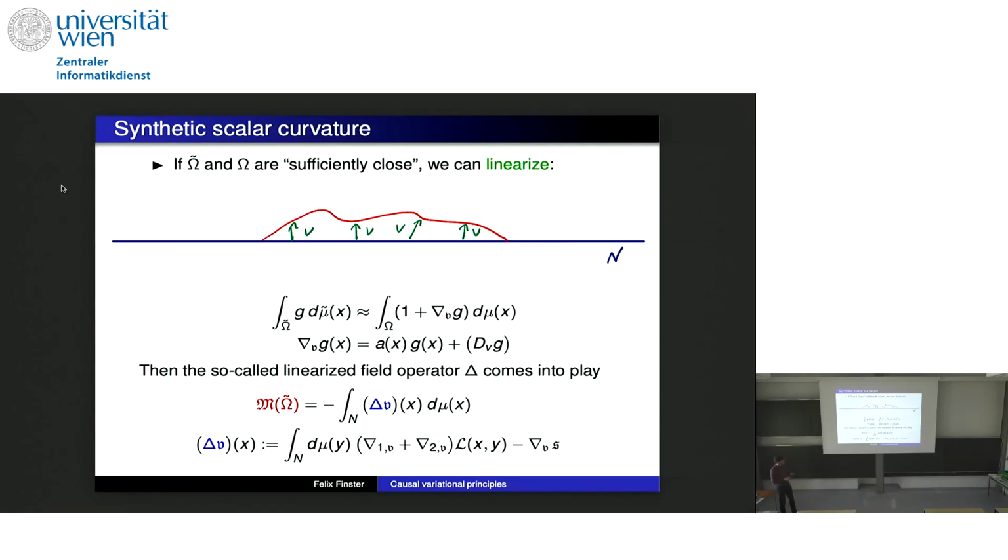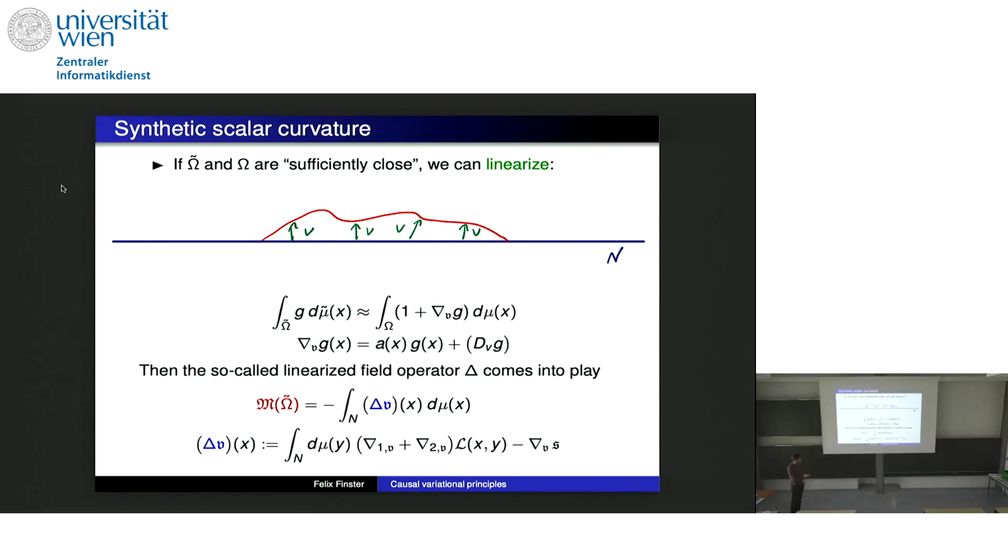It is the integral over space of what we call the Laplacian, or the linearized field operator, as it's called, and this comes up in many other works in this context. So this is really a basic operator, which takes the role of the wave operator or the Maxwell operator or whatever. So this is how it looks. It involves linearization, so one needs to differentiate.